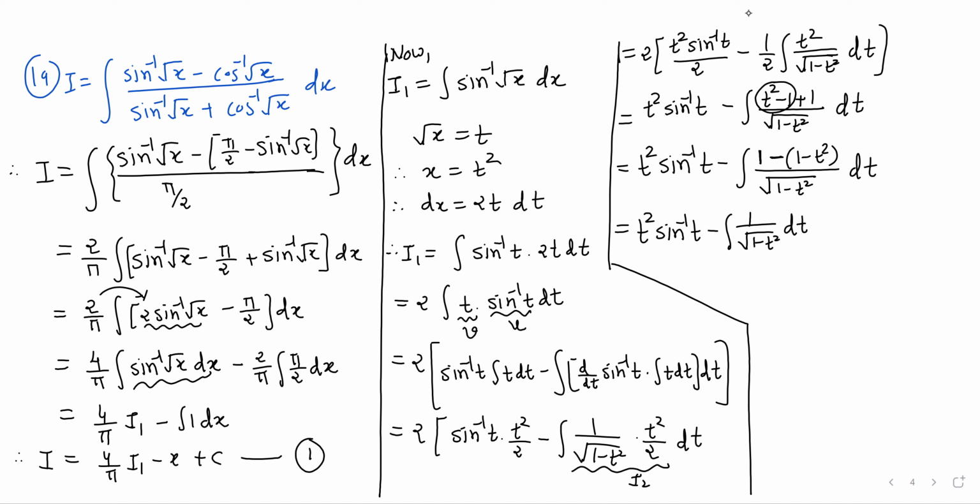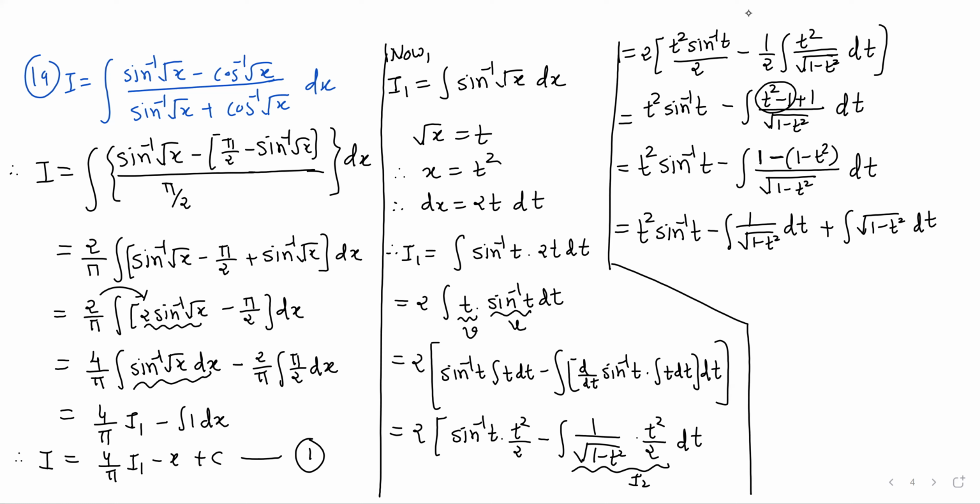Plus minus minus plus minus minus plus, again 1 minus t square under root. One root cancels. So it becomes integration of root of 1 minus t square dt. Get it? Please reply in chat.